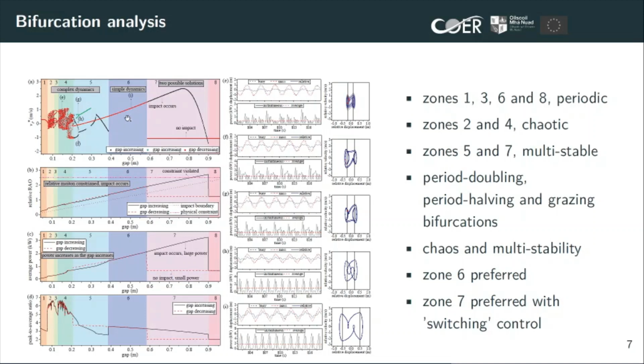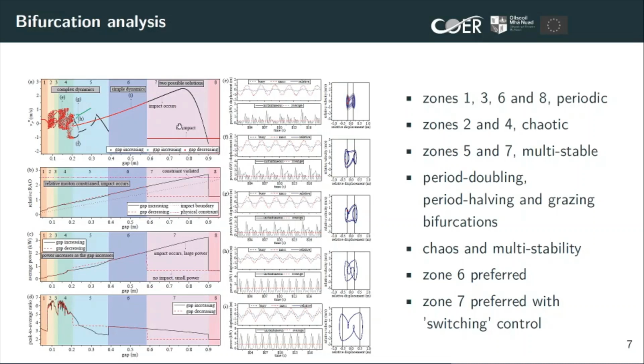For instance, the gap values in zone 6 are preferred. First, the dynamics are simple. Second, the relative I/O is large, but still within the physical constraints. And then the average power is high and the peak to average ratio is small.